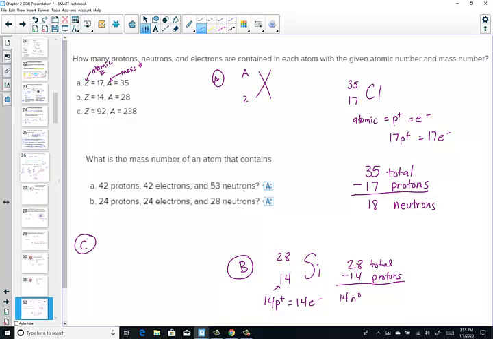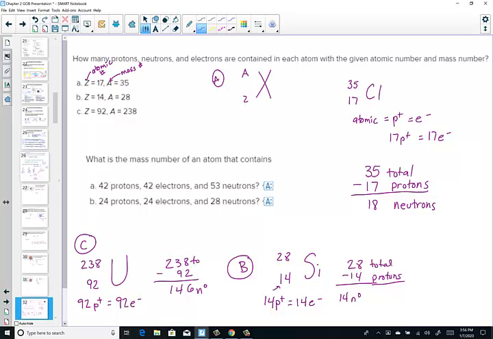Letter C. The large number is 238, mass number. The smaller number is 92, the atomic number. Who's number 92? Well, that's uranium, capital U. By definition, the atomic number tells me 92 protons and 92 electrons because atoms are neutral. 238 minus 92 is 146 neutral neutrons.